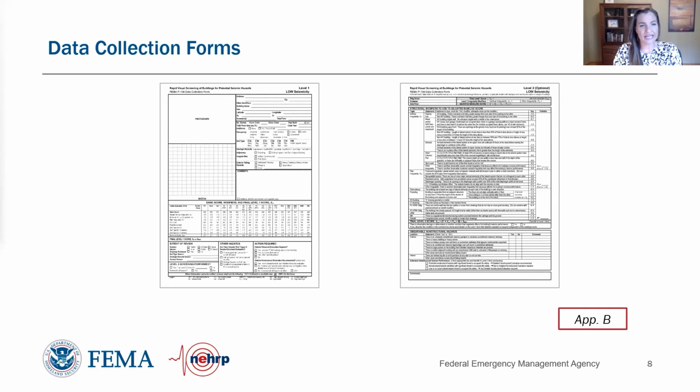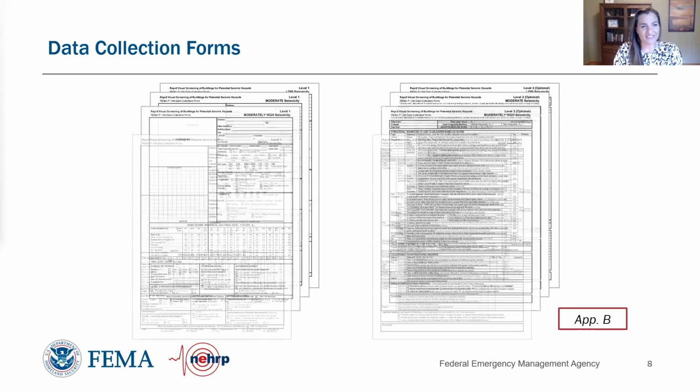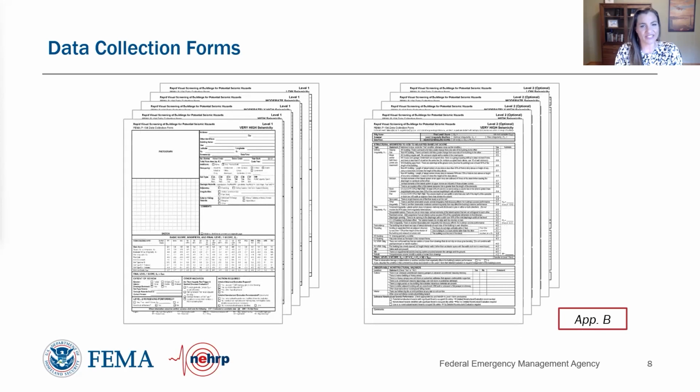And in the upper right-hand corner of each of these forms, it'll tell you which seismic region it's for. And we get 5 of these for each of the different seismic regions: low, moderate, moderately high, high, and very high. The seismic region is important because it affects the score.